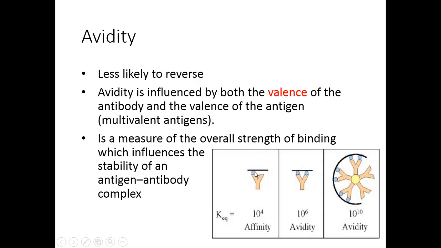If you only have very few antigenic determinant sites, a valency of 1 or a very low valency, there's less likely that some of these non-specific antigen bindings can take place. So high valency or multivalent antigens as well as multivalent antibodies makes a stronger overall bond.